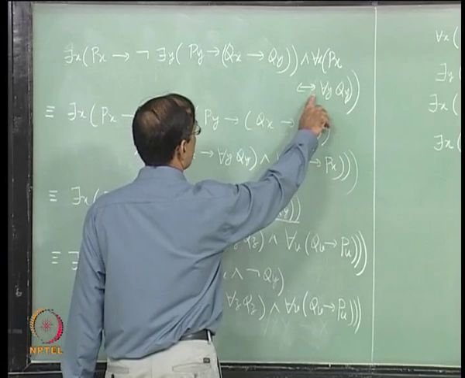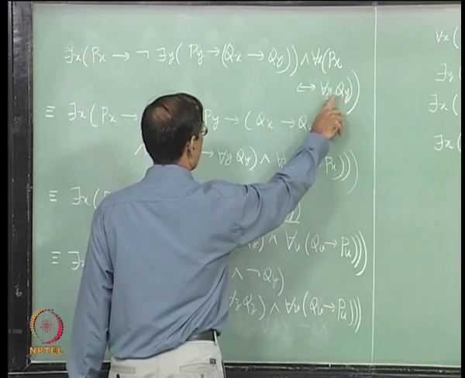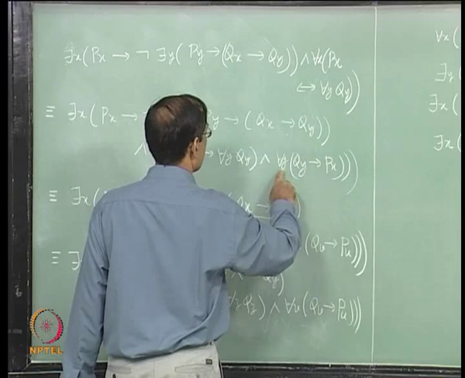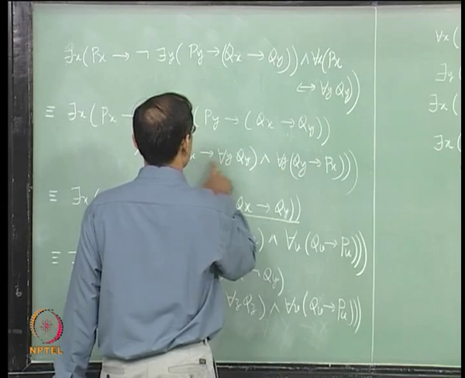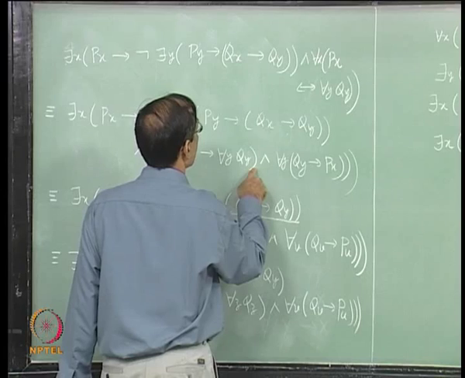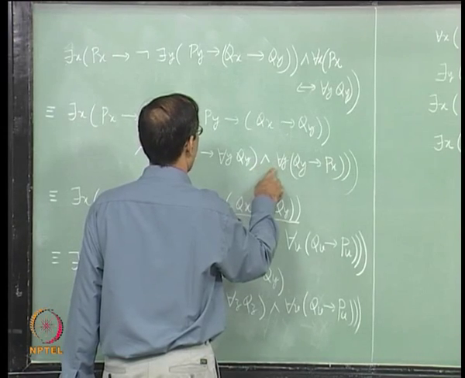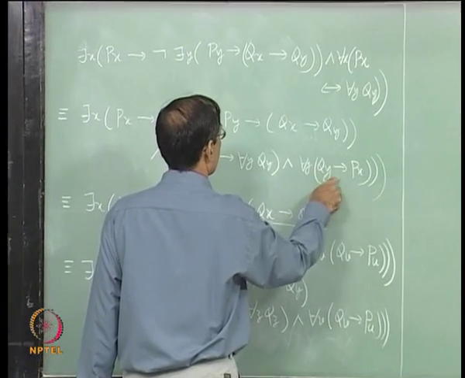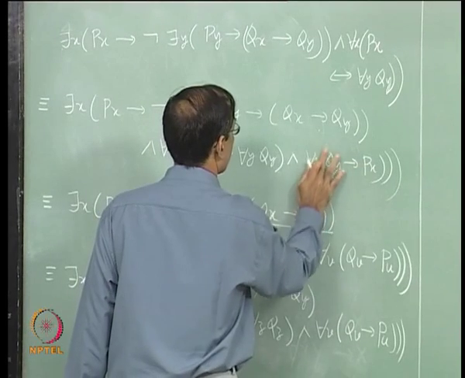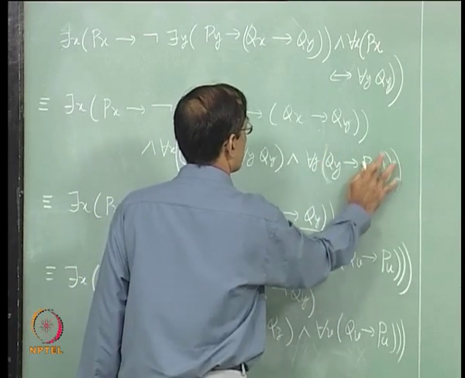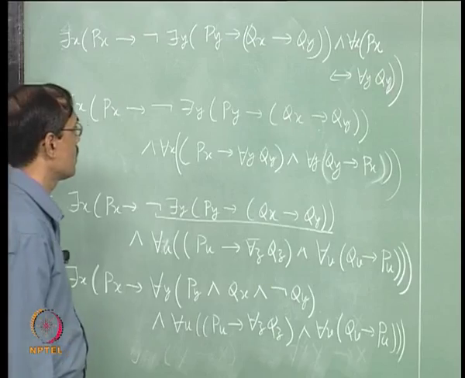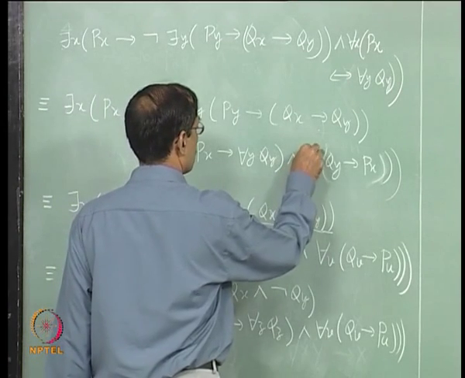We had the biconditional here, right. For each y q y, then it gives p x implies for all y q y and implies p x. So, there is no bracket here. Okay. The bracket is where? Here.